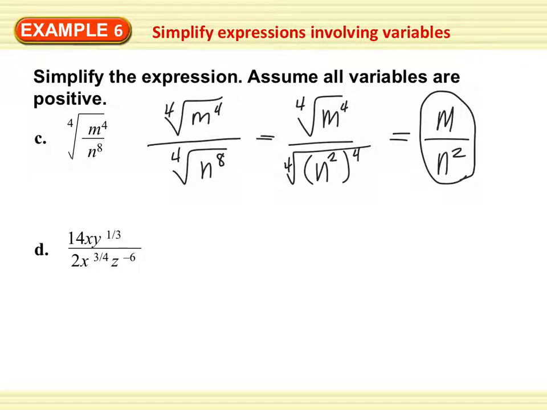And this last one, 14 x y to the 3rd, 2x to the 3/4, z to the negative 6. Let's look at the coefficients first. I can take that as a 7.